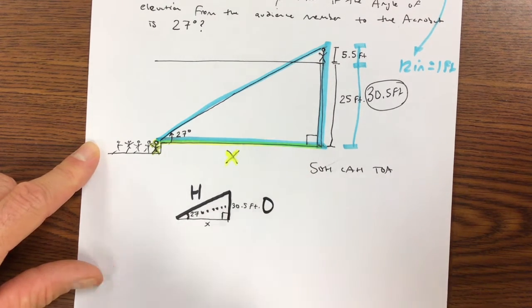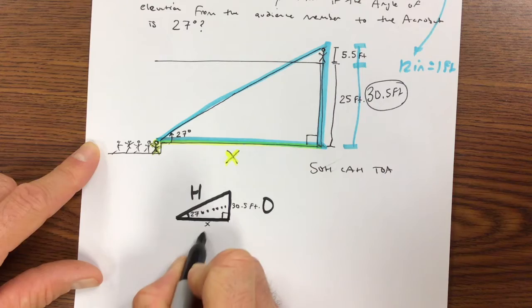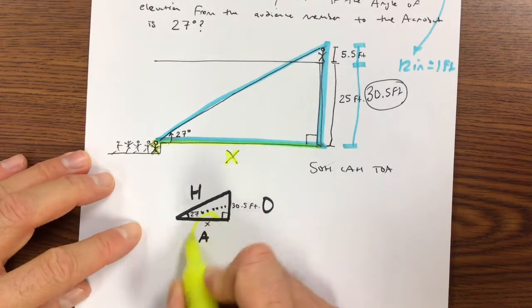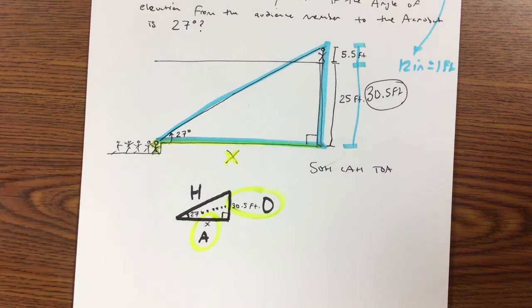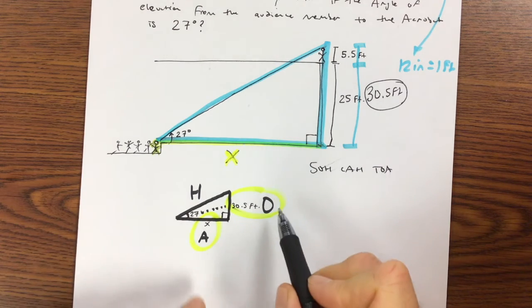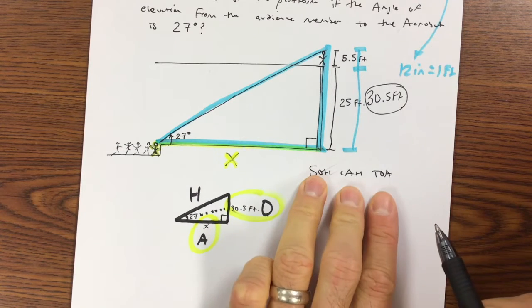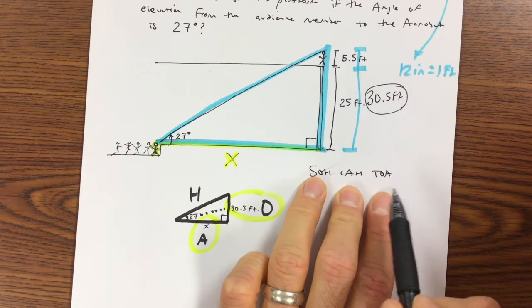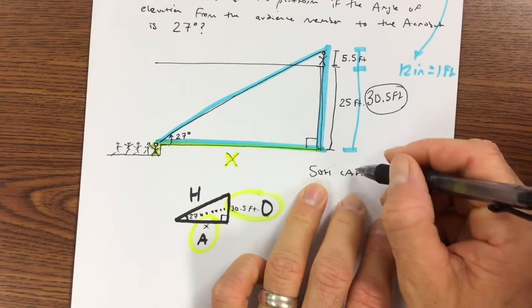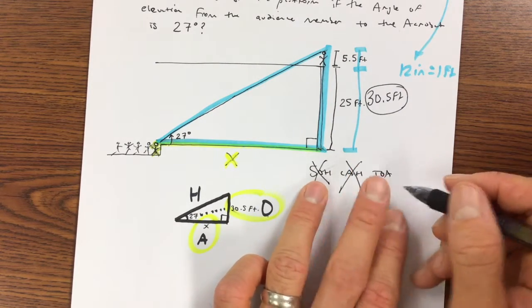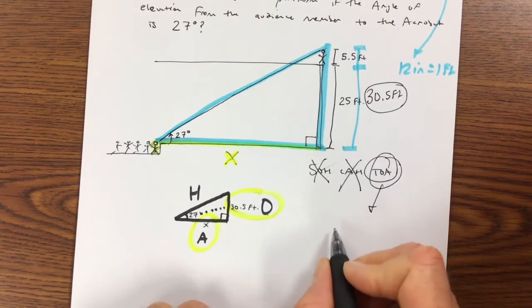Right there, there's your O, which means that last side has to be your A. SOHCAHTOA. We are working with the adjacent and opposite. It's not cosine, and it's not sine because we don't have a hypotenuse. It must be tangent.